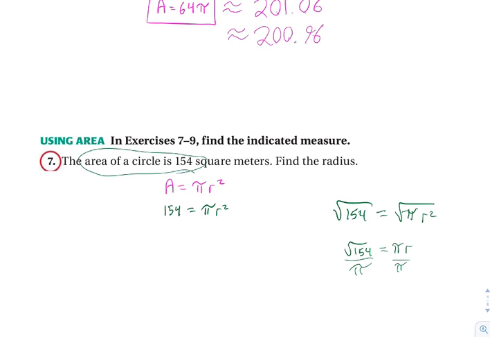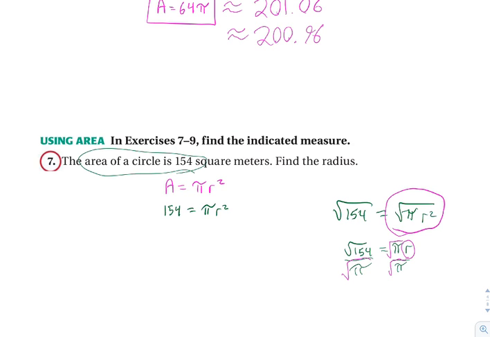I shouldn't say in the wrong order, you could do it this way. However, the mistake here is when you square root pi r squared, you would get the square root of pi. Pi is a number. Pi is around 3 something. So when you take the square root of that number, you're not just left with the same number, you're left with the square root of it. So you would get r, and you could just divide, but you'd be dividing by the square root of pi.